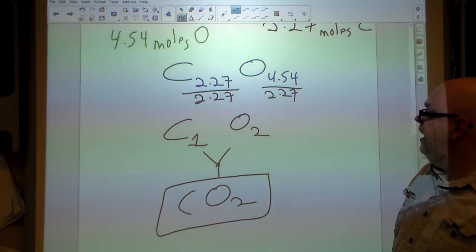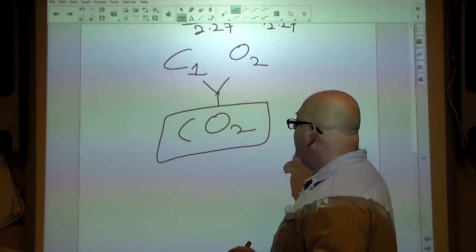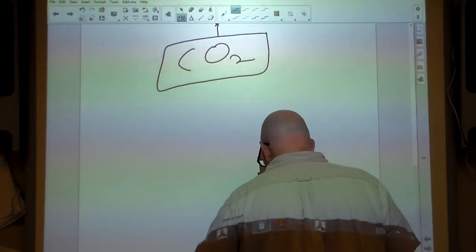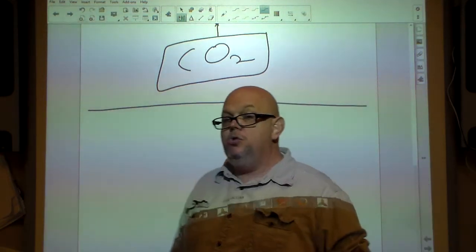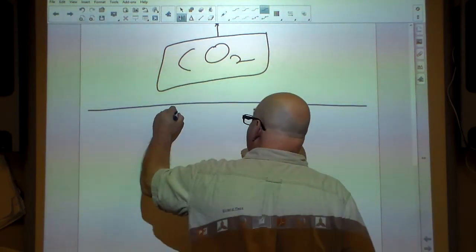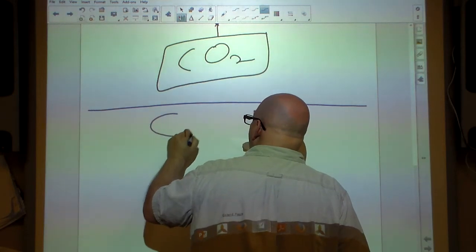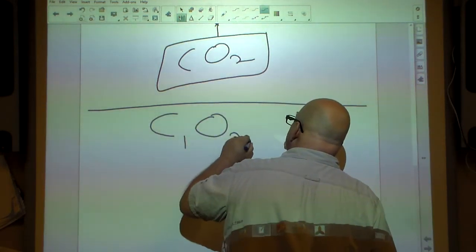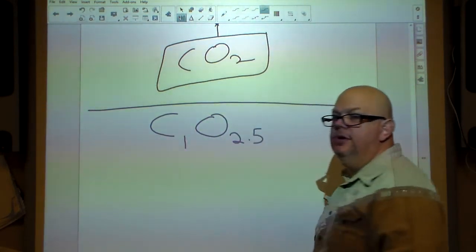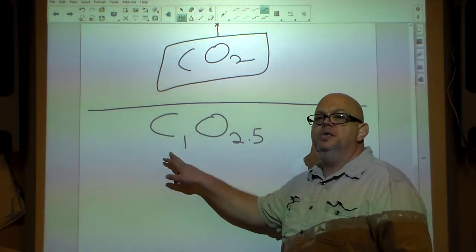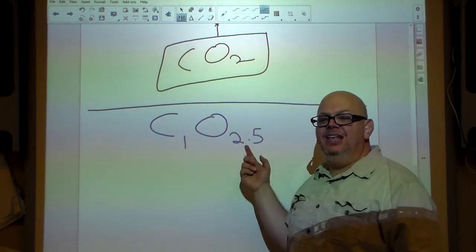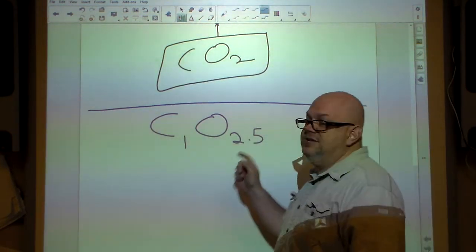Now, I mentioned something else. What if we had a situation where, and I'm going totally off into another unknown realm here, let's say I've got C1 and I've got O of 2.5. I've reduced this down to the smallest number, but this obviously cannot go.